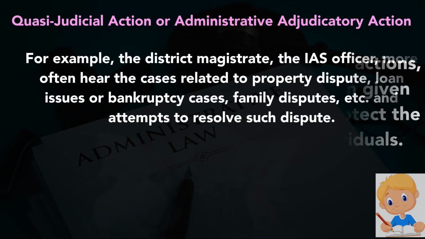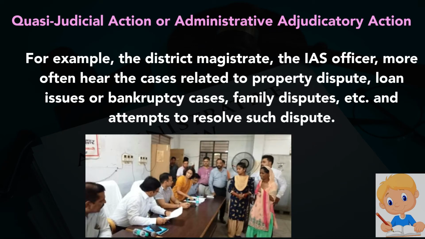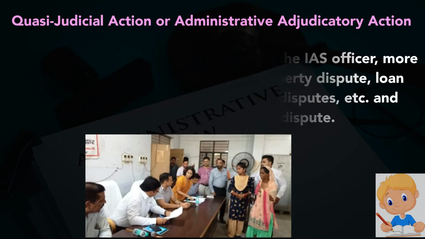For example, the district magistrate, that is an IAS officer, more often hears cases related to property disputes, loan issues, or bankruptcy cases. Have you ever heard about the court of collector or DM? Because these officers also exercise dispute resolution service and attempt to resolve such disputes.